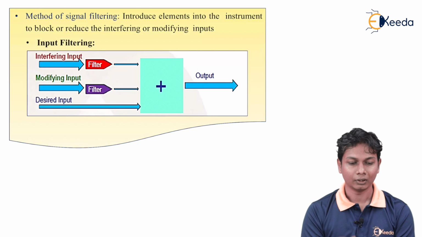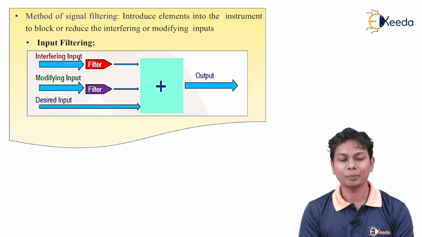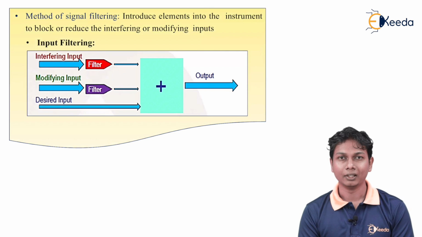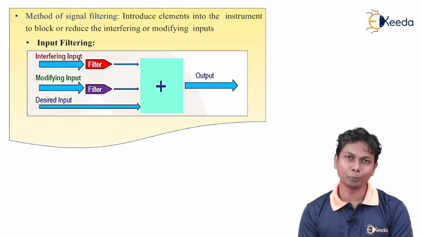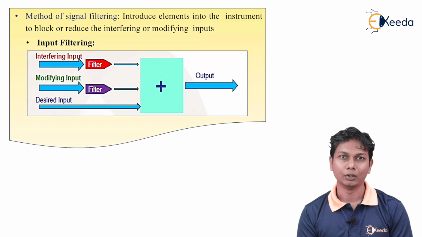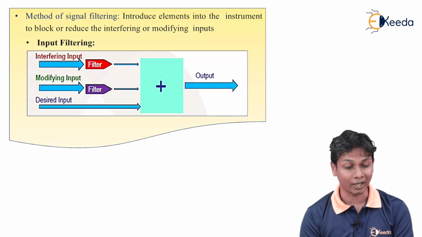Now the next part is the method of signal filtering. This method is used when the actual input is coming with another unwanted signal. To remove this unwanted signal, signal filtering is required.